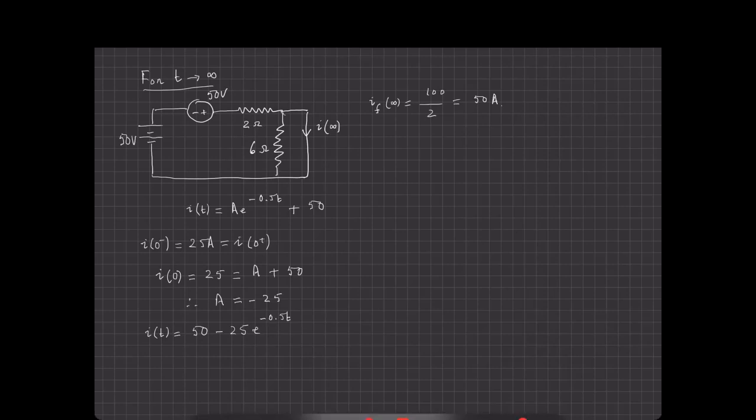The total solution is I of t equals 25 amps for t less than or equal to 0, and is equal to 50 minus 25 e to the minus 0.5 t for t greater than or equal to 0.